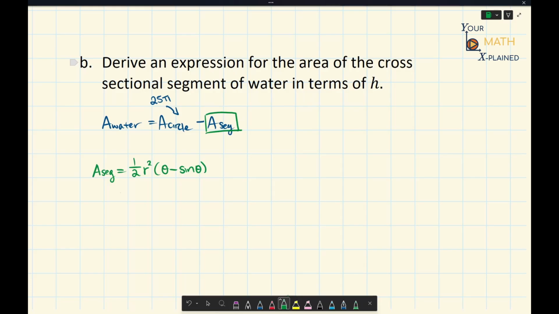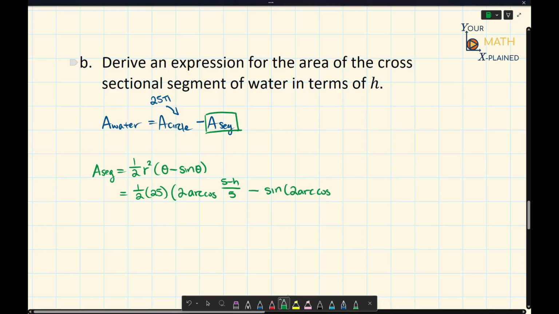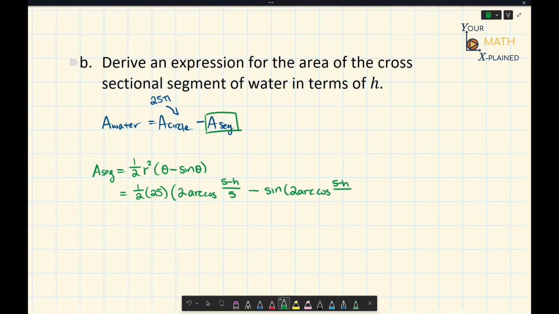So substituting in the values that we know, this is going to be 1/2 multiplied by 5 squared, which is 25, multiplied by theta, which is 2 arc cos of 5 minus h over 5, minus sine of 2 arc cos of 5 minus h over 5.